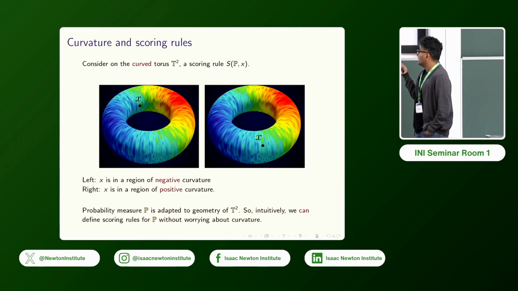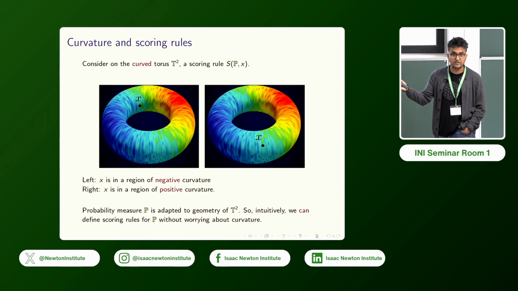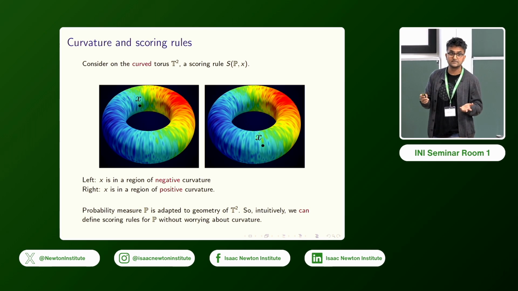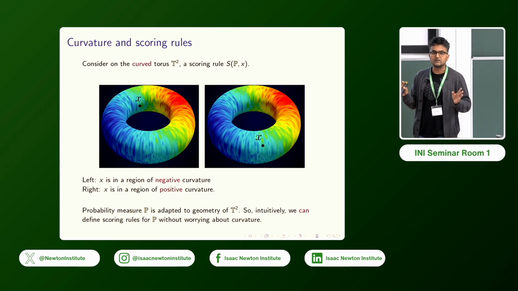However, in order to define a probability distribution on a manifold, you have to start off with some kind of a metric. Typically, the topology comes from some kind of a metric. So the probability measure would automatically be adapted to the geometry by virtue of its definition. Intuitively, you can say, well, maybe not.